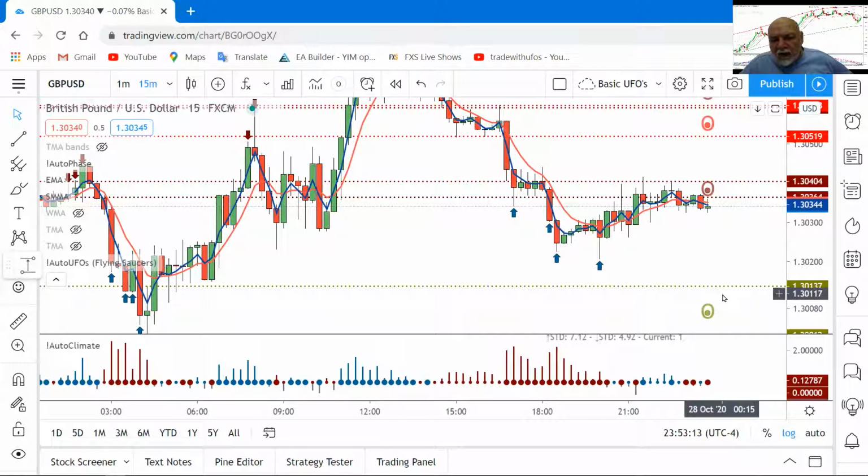Looking at this, we got the auto climate. Auto climate is telling us that we're in the first period of a potential 5-period downward move. So this looks like it might be a good trade.